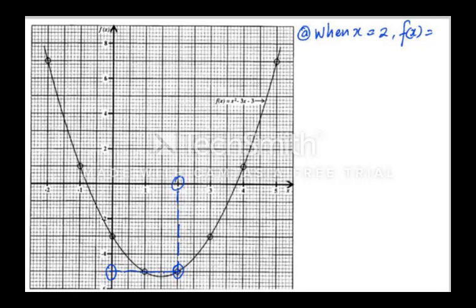So when x is 2, f of x is equal to minus 5. Let's write that over. When x is 2, f of x is equal to minus 5. That's the first answer.